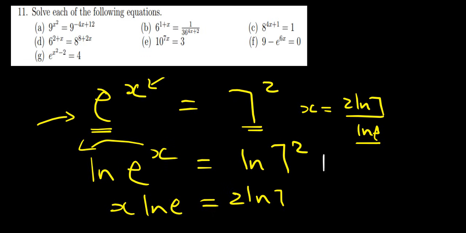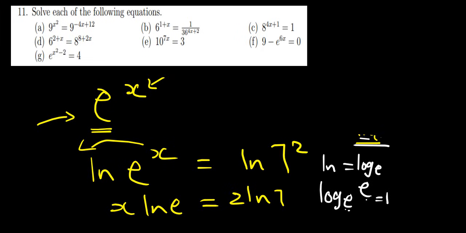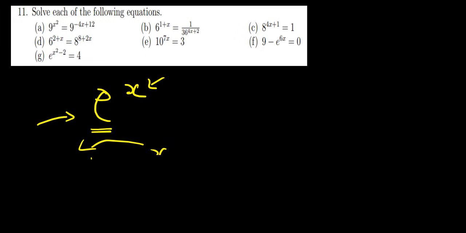Remember we said ln is the same as log base e. So log base e of e, since this base is the same as this e, is just 1. So ln of e is the same as 1. Having known these basic rules, we can now solve all the questions that we can see there.